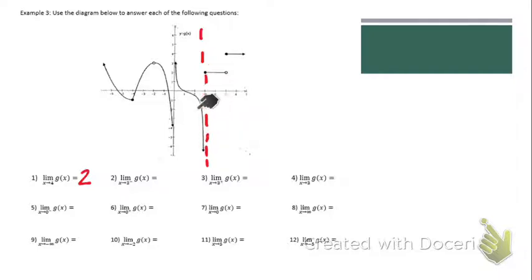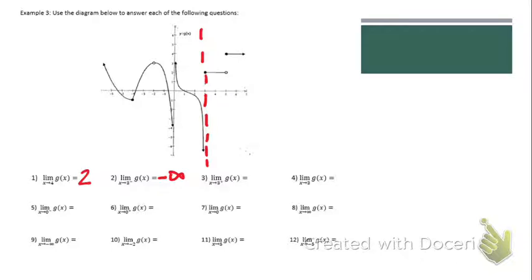What's happening to the graph? Notice that it's going down, right? Does everyone see that? Because the arrow is going down, the y value is approaching negative infinity. That's what's happening on the left side of the wall.